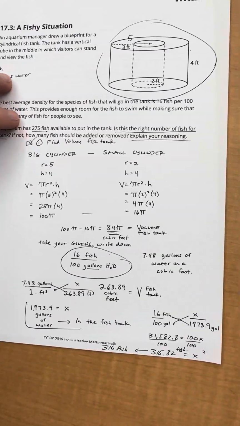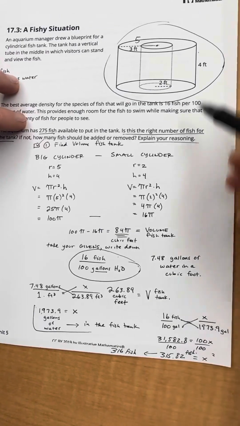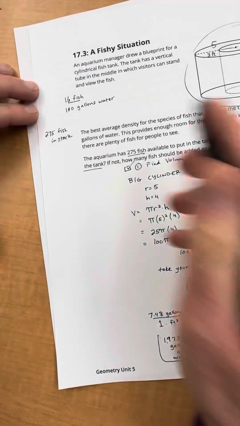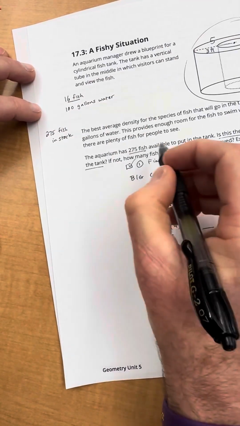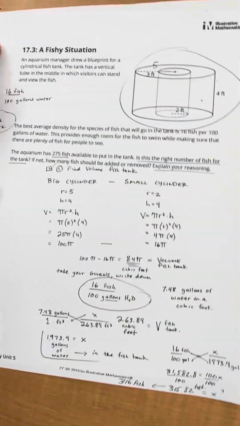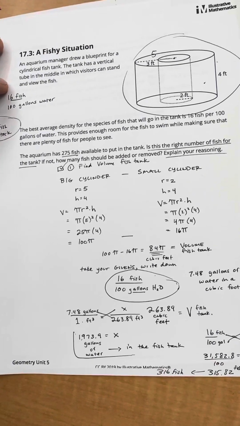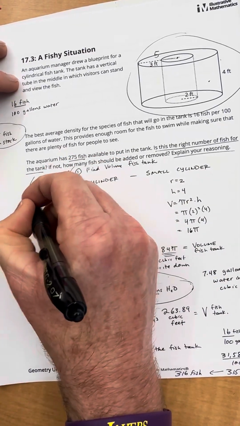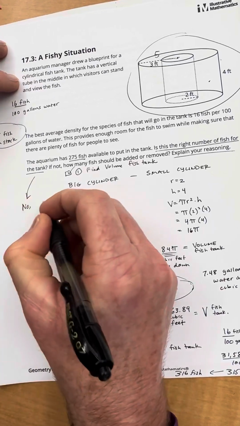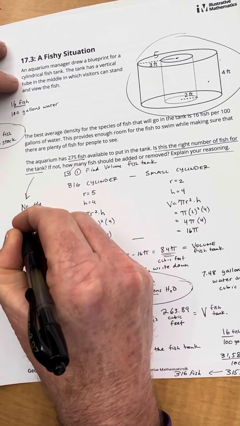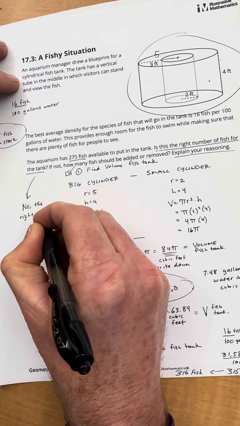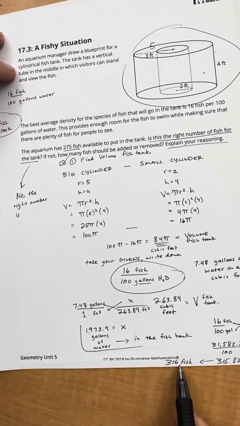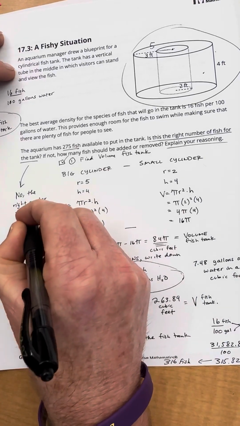So you want 316 fish in this fish tank. Remember, you've already got 275 fish. Is this the right number of fish for the tank? No. The right number is 316, rounded to the nearest fish.